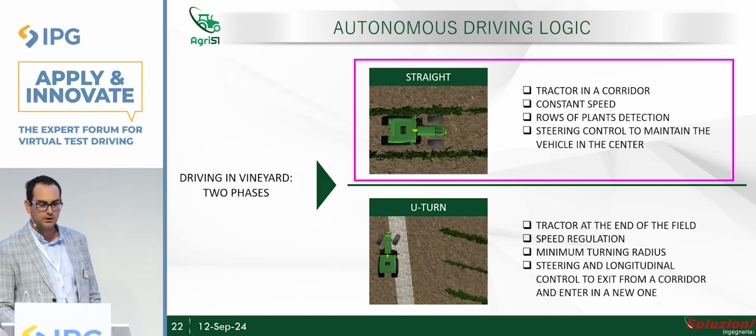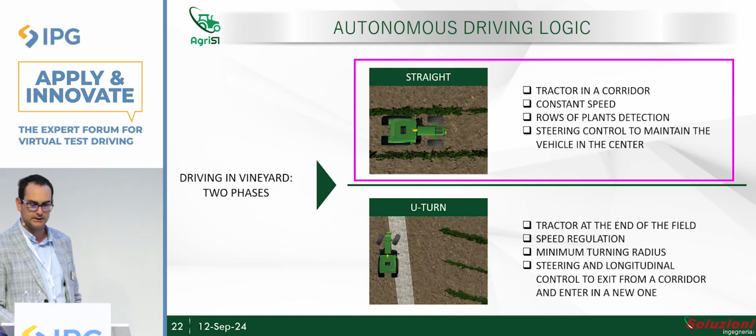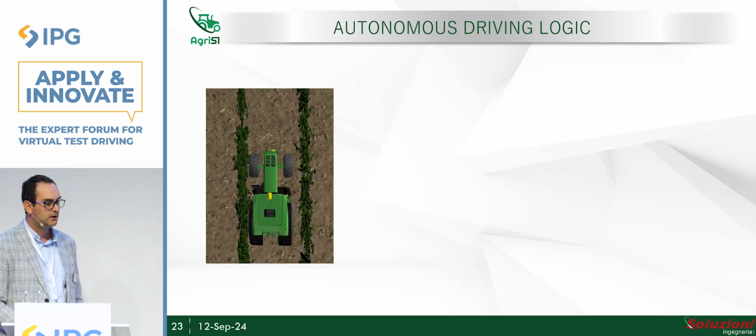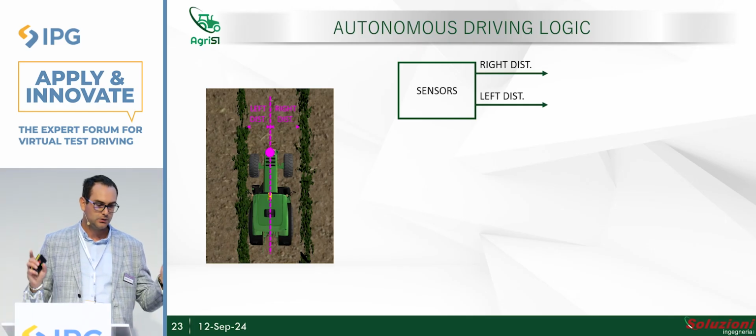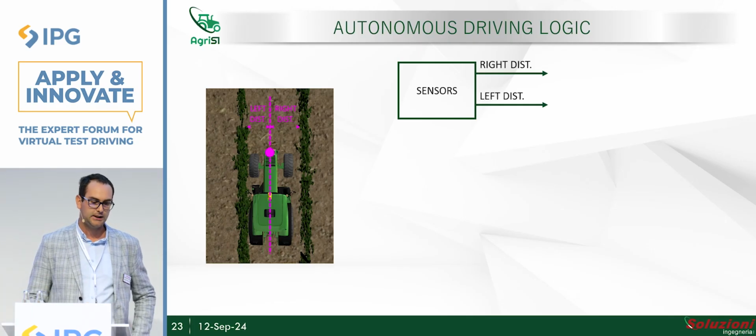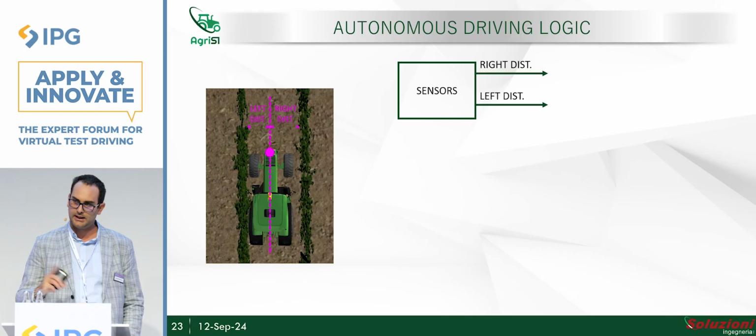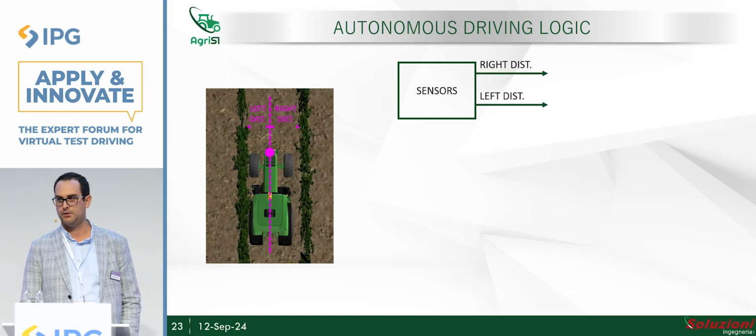So let's start from the methodology of the first phase, the straight phase. We need a sensor that is able to detect the distance between the vehicle and the left and right rows of plants. In this case, we make the hypothesis of an ideal sensor. Once the vehicle is inside the corridor, the relative position between the tractor and the plants is known and accurate.